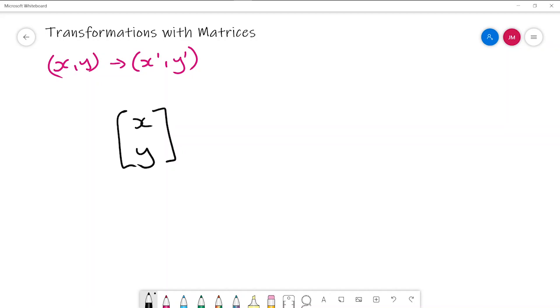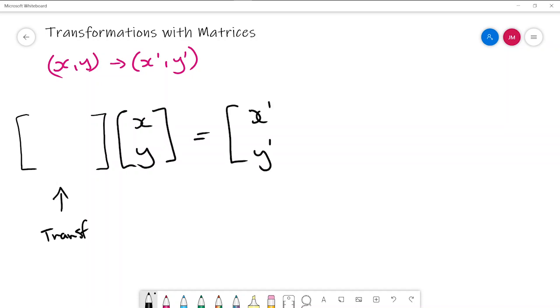So to change those values, we can multiply it by another matrix, or the transformation matrix, and that will equal our image. So we're doing something here with the transformation matrix to change our original x and y into the image.